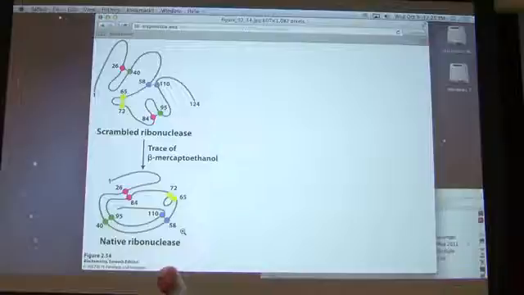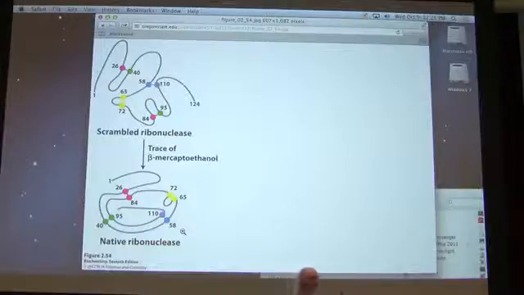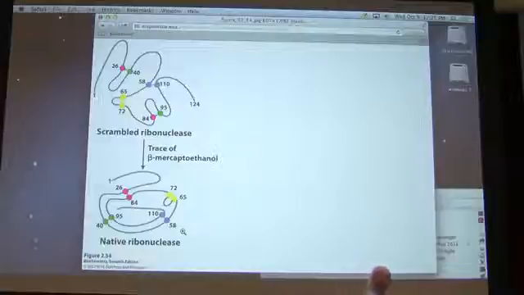Because in order for that protein to become active again, it has to refold, and I haven't put anything else in there to help it to refold. It's refolding on its own using its sequence as a guide. I'm going to repeat that now. So I take this unfolded ribonuclease, I remove the urea, I remove the beta-mercaptoethanol, and this guy will start to refold, and I can see it refolding by the fact that I start to get ribonuclease activity back.